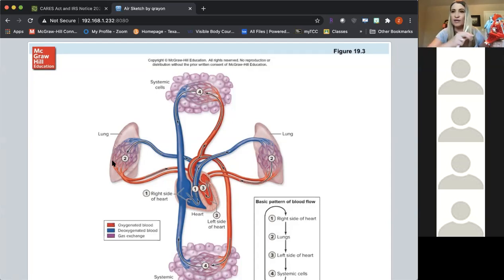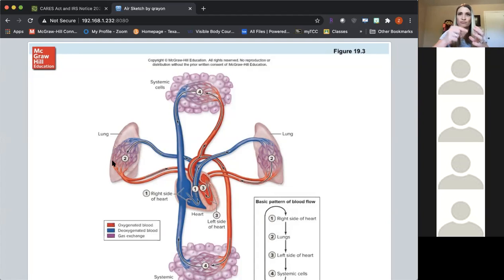Oh, okay. So that's when I was talking about the fossa ovalis. In the right atrium, we have this, it looks like a dent. In an adult heart it's called fossa ovalis, but in fetal development it was called foramen ovale.